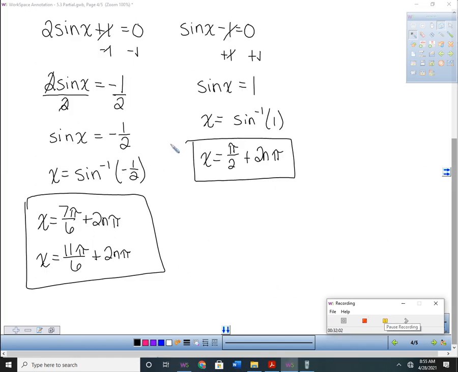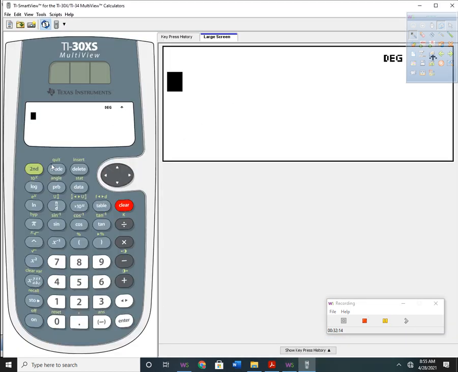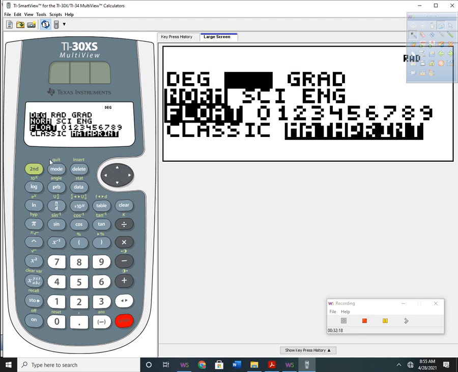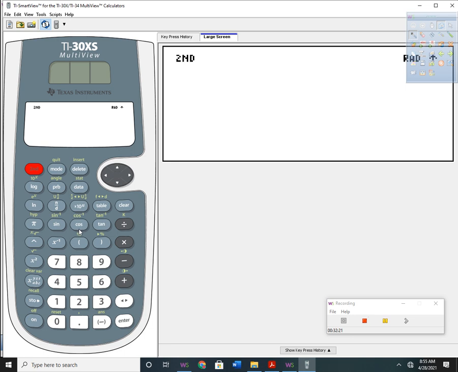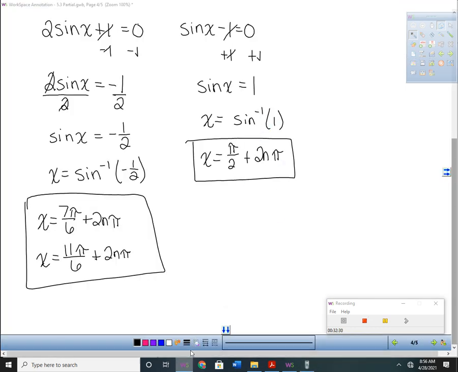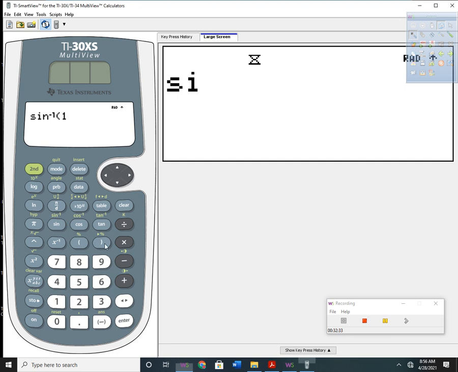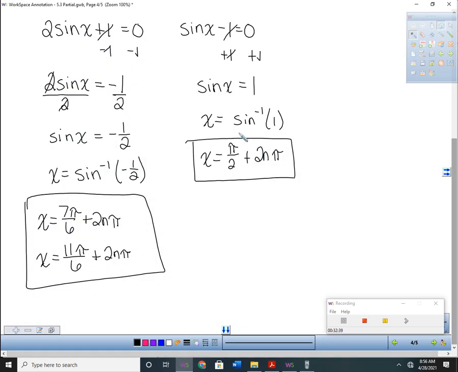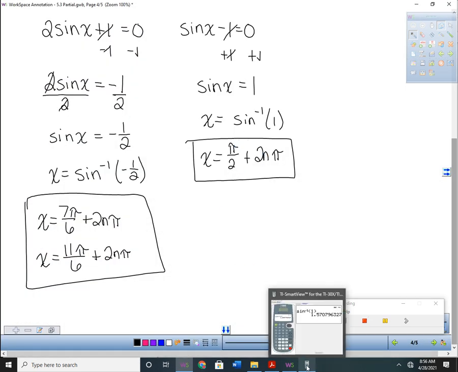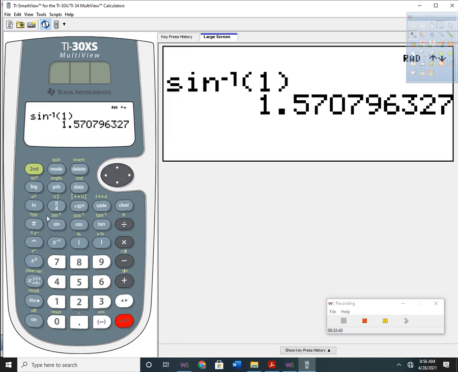So let's say, for instance, on the previous problem, we did sine inverse of 1, and we're looking for radians. So if I grab my calculator, I want to make sure I'm in radians, so I'm going to go to mode and change that to radians. So if I do sine inverse of 1, it tells me 1.57, which is pi over 2.